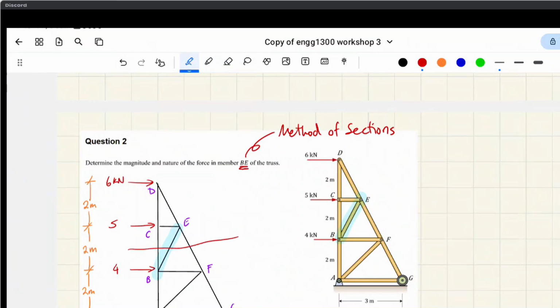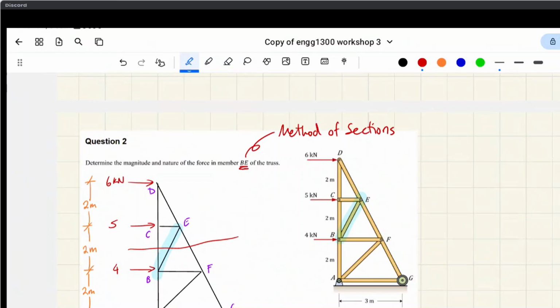With a big asterisk, I can't really tell you a rule for this, but you want to cut over 3 members so that you get 3 unknowns or less. Next you want to pick a direction for this cut.